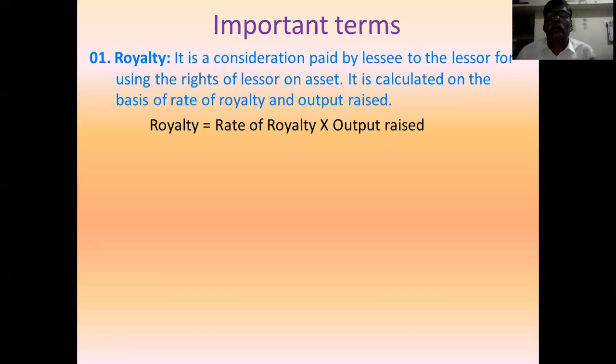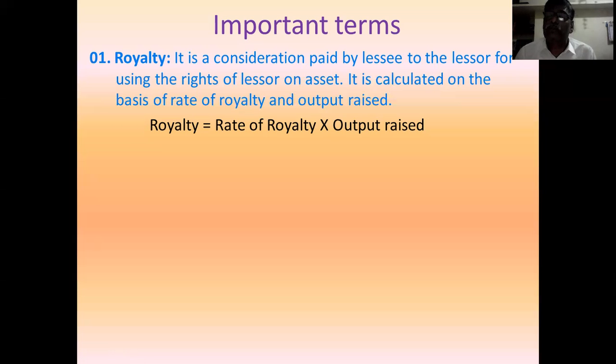Suppose the mining company raises about 10,000 tons of mineral, then royalty is calculated on the basis of rate and output. Rate of royalty is 100 and output is 10,000. Multiply 10,000 and 100, you will get the amount of royalty in case of mining royalty.